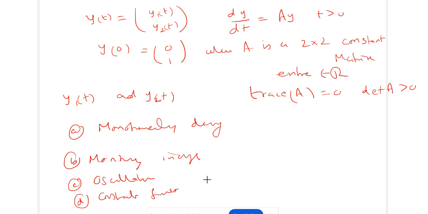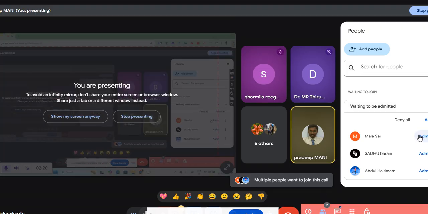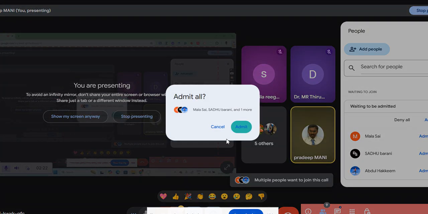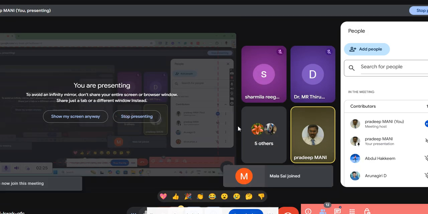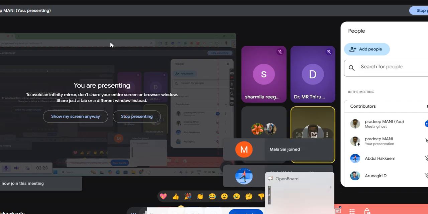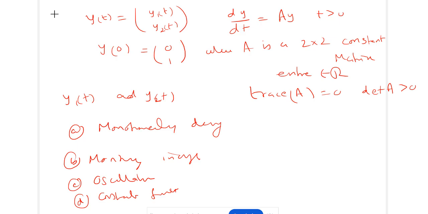So y of t equal to y1 of t, y2 of t is given. dy by dt is Ay, t greater than 0, y of 0 equal to (0, 1).